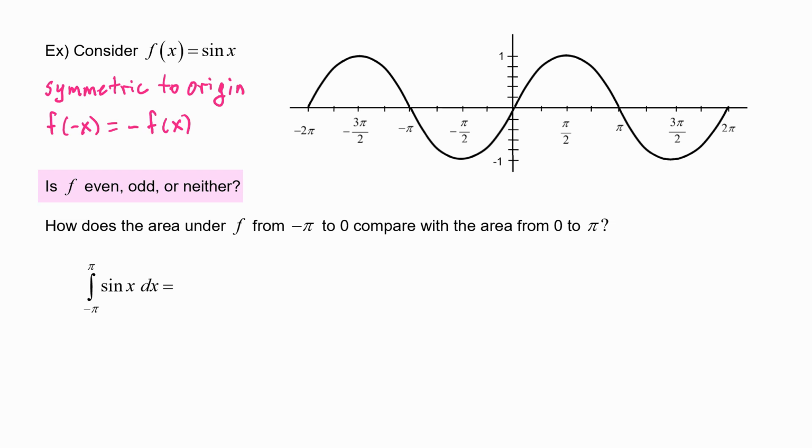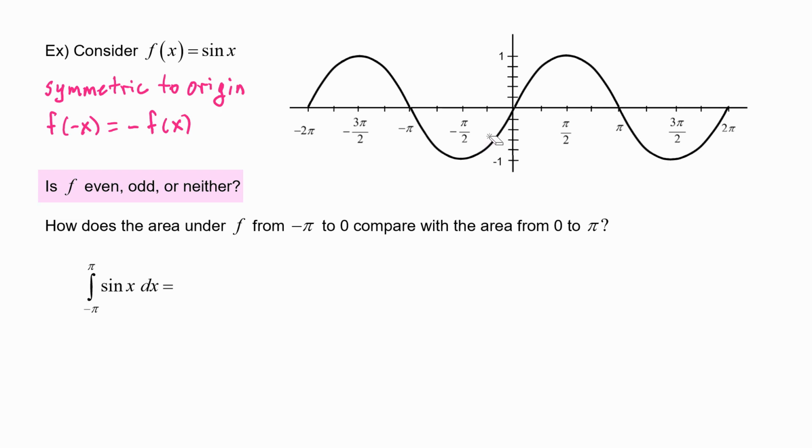And so what this means is the y value at negative x is the opposite of the y value at x. And that's pretty easy to see. Once again, let's look at and compare the y values at negative pi over 4 and positive pi over 4.